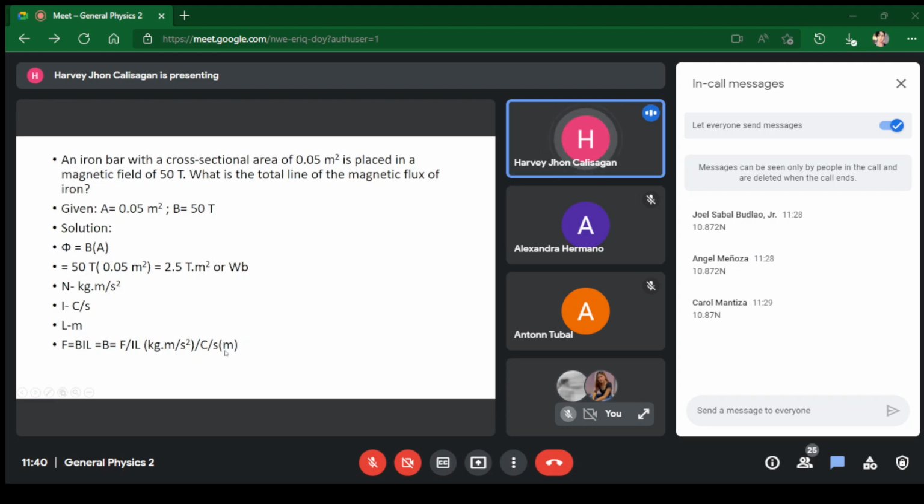So let's finalize this one. So we have kilogram per second squared per coulomb, or kilogram per second.